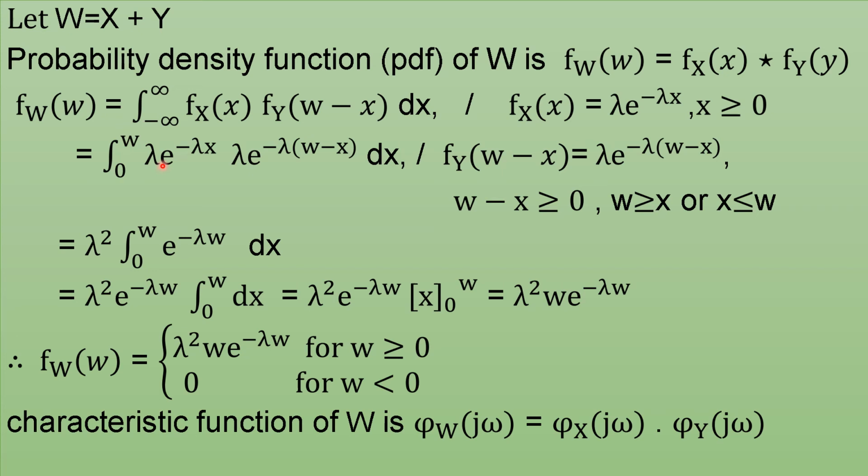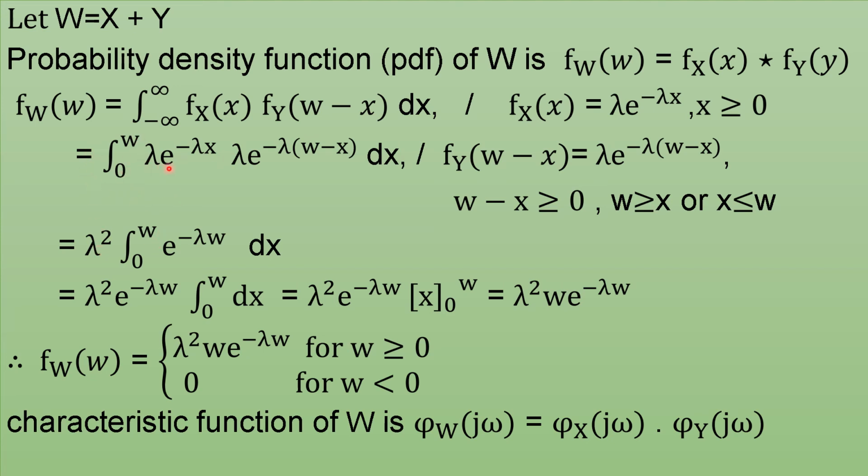Then fx of x is lambda into e power minus lambda x and fy of w minus x is lambda into e power minus lambda into w minus x dx. Lambda into lambda is lambda square, a constant kept outside the integral sign.